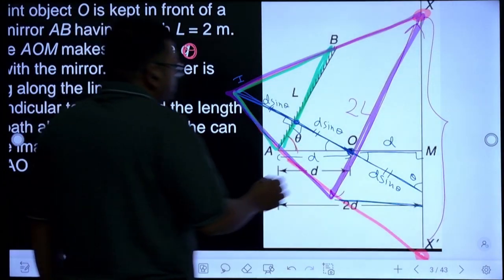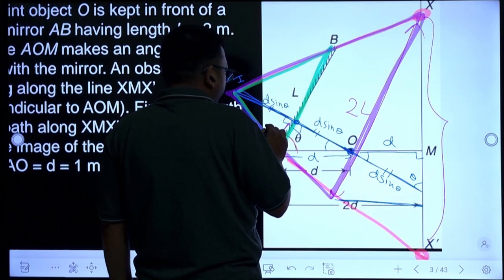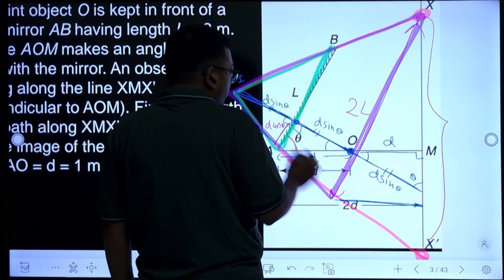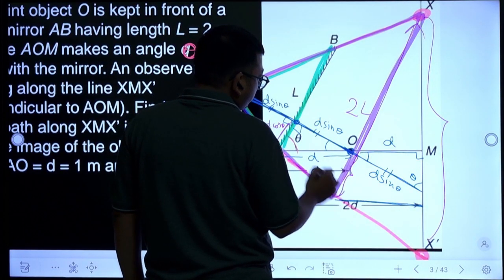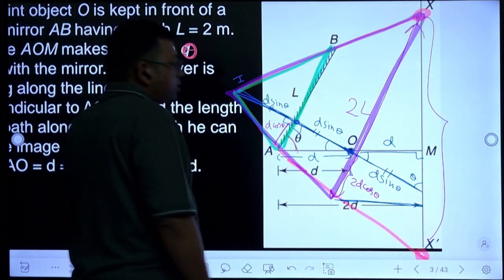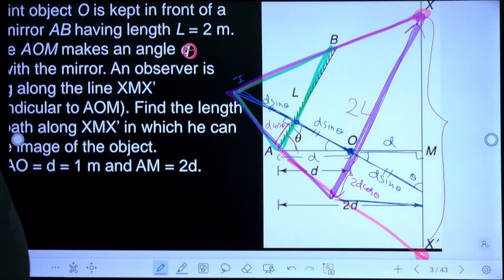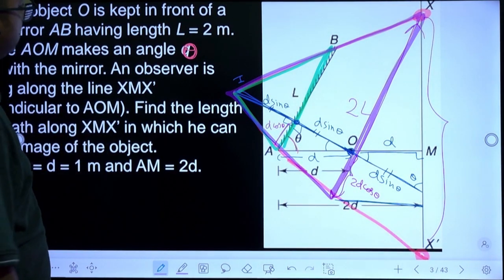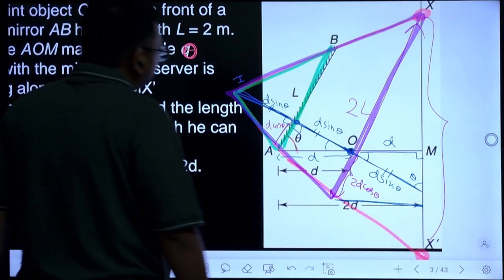And note that this length is d cos theta. This length is d cos theta. So this length is going to be double of that. This will be 2d cos theta. D is given, angle is given, so I think we will be able to calculate that.